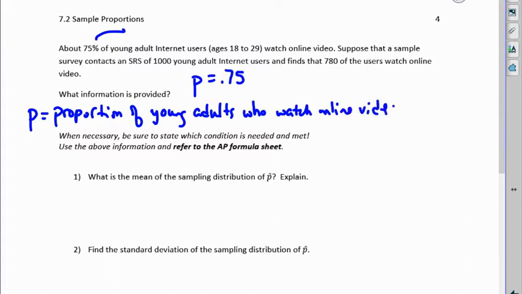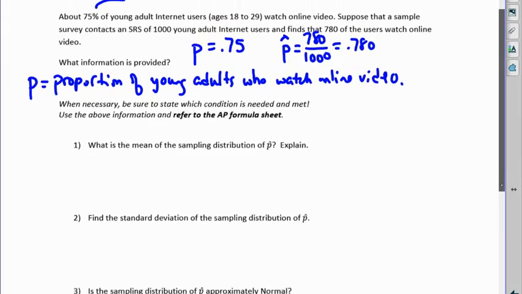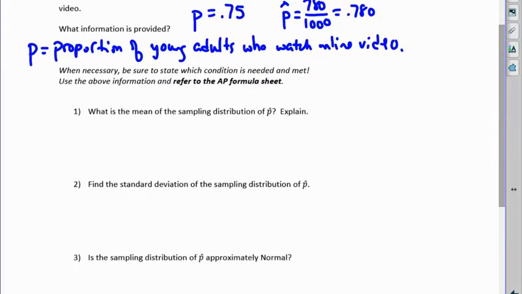Okay, and then did we find anything else? It looks like they went out and they did a sample, and in that sample they found a p-hat, and it was 780 of them out of 1,000, so that's 0.780. Make sure you use at least 5 digits for your proportions if they don't come out exactly to the decimal.